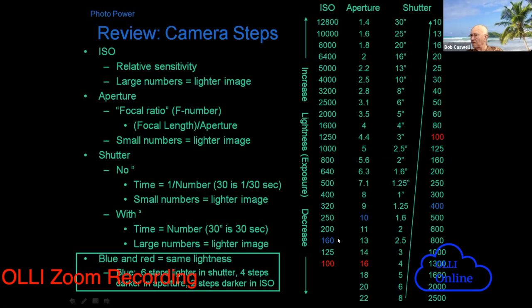That's 6 steps up, 6 steps down. The red numbers and the blue numbers will both be the same exposure. So if you count steps here, if you have the right exposure and you make a change, any number of steps, any direction, then you can make the same number of steps change in either of the other or both of the other 2 columns to compensate and keep the right exposure. Clear enough now?